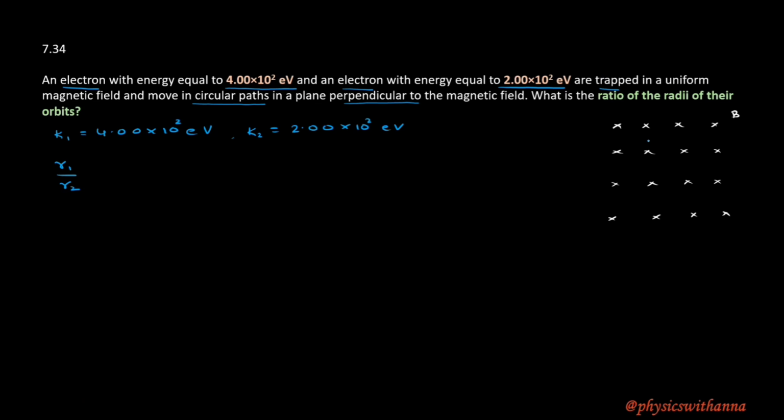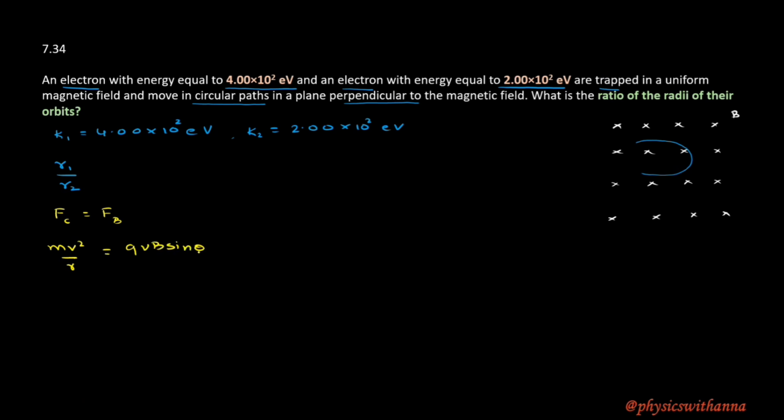So again, if the electron has to move along a circular path inside the magnetic field, it requires a centripetal force. And this centripetal force is given by the magnetic force acting on the electron. So we can write centripetal force needed is equal to the magnetic force. Centripetal force can be written as mv squared over r, which is equal to qvB sine theta.